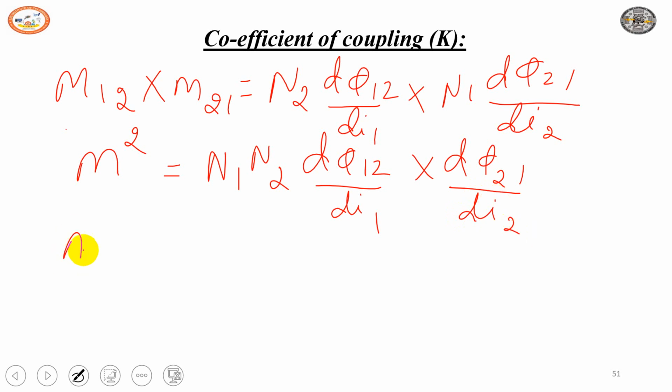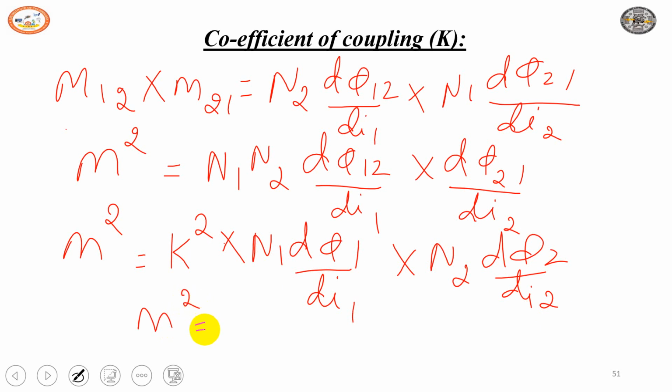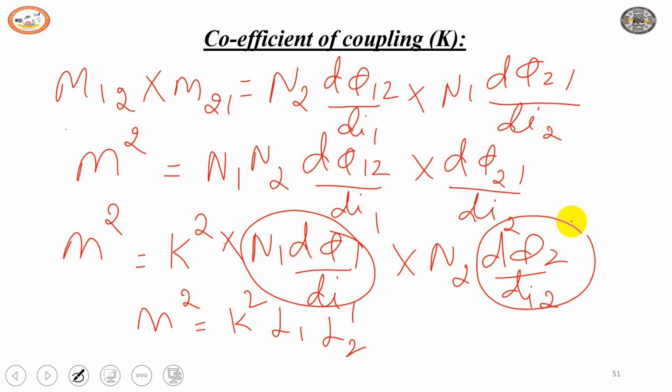This can be further written as M square is equal to K square into N1 d phi 1 by di1 into N2 d phi 2 by di2. Further we can write this as M square is equal to K square into L1 and L2, because this gives you L1 and this gives you L2.